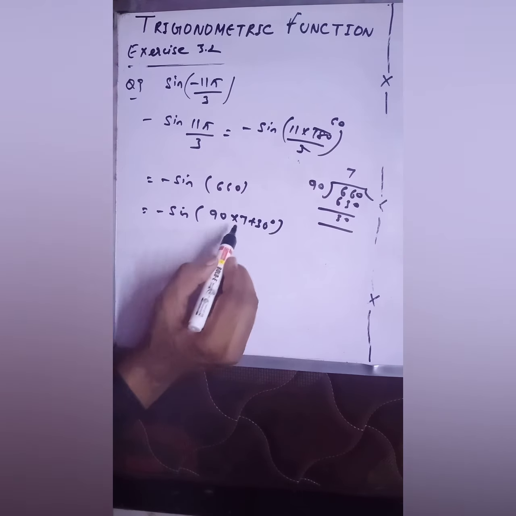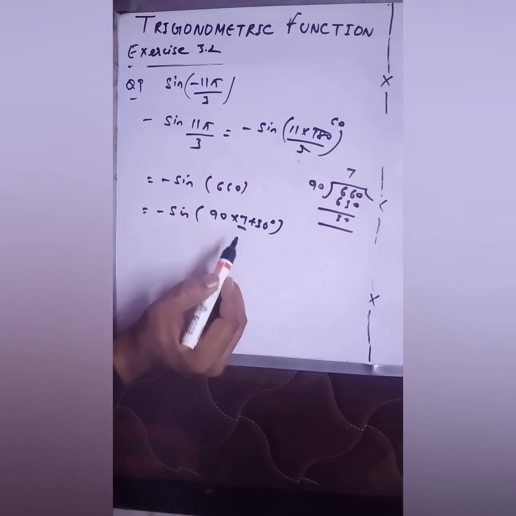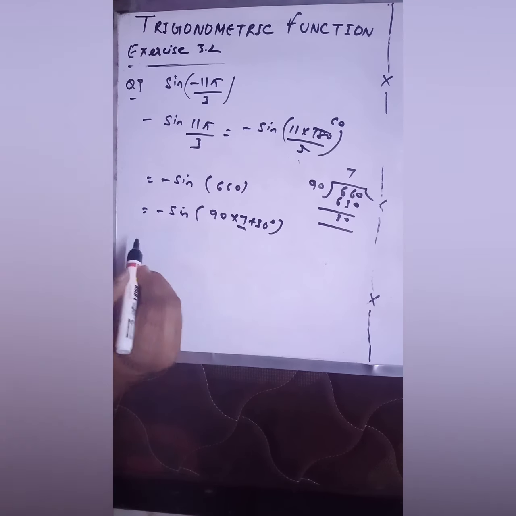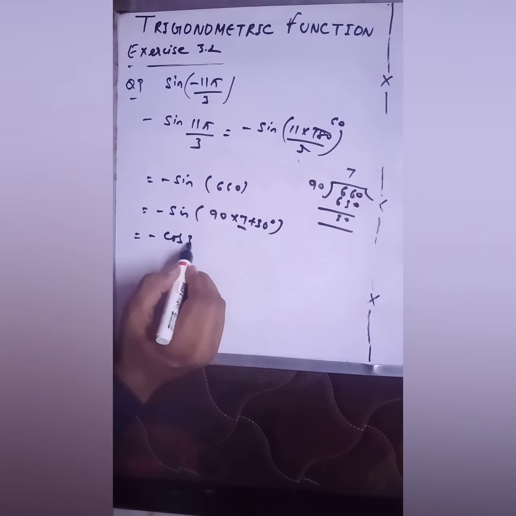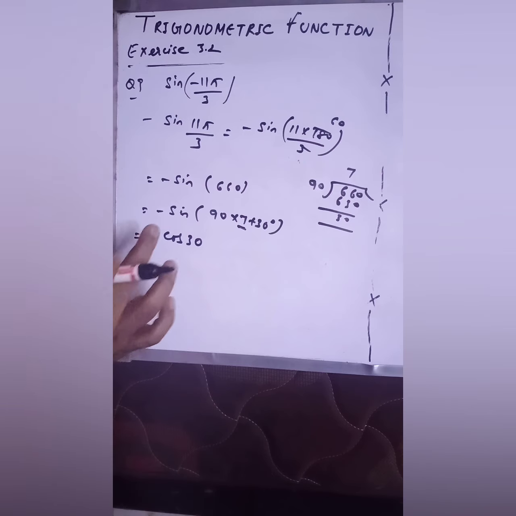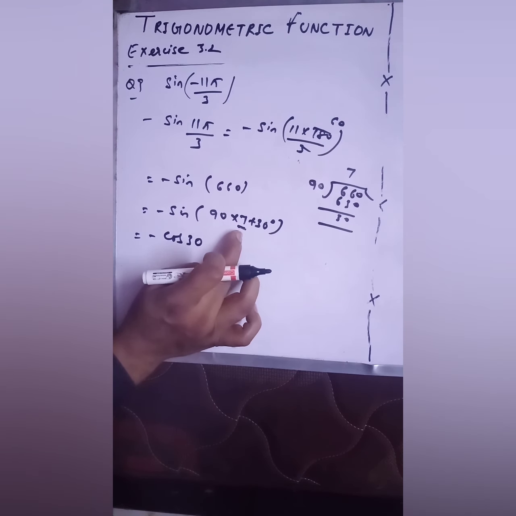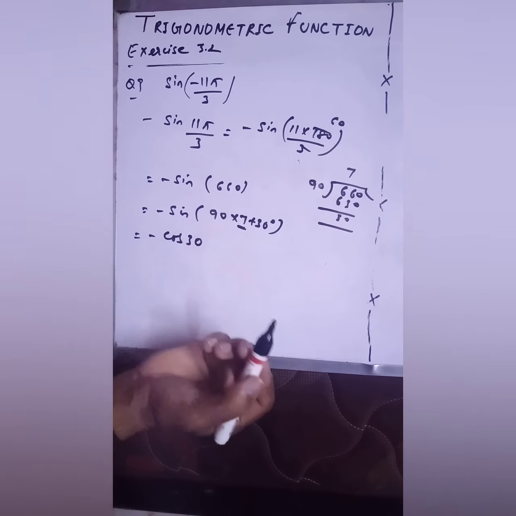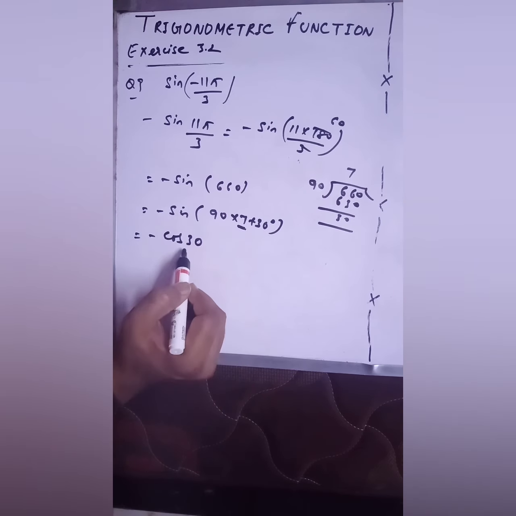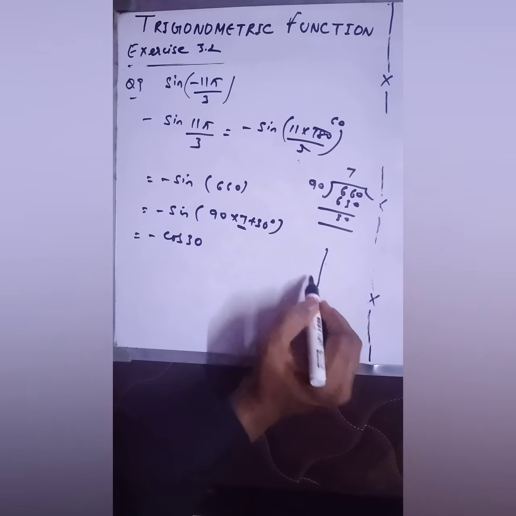This is coming with 90 odd, so this sine will change into cos and it will be cos 30. Because with 90 it is an odd multiple, 90 into 7, this 7 is an odd value, so the sine will change into cos. So you will get minus cos 30, and now you have to check in which quadrant this value is lying.